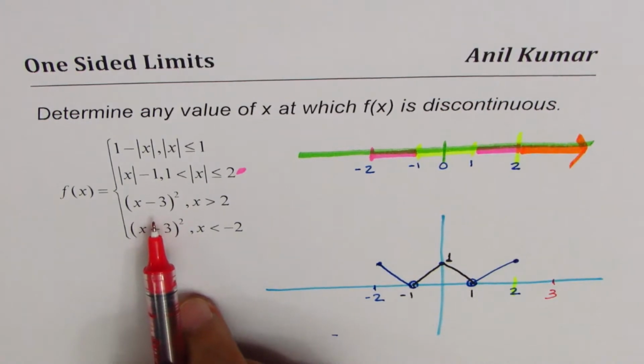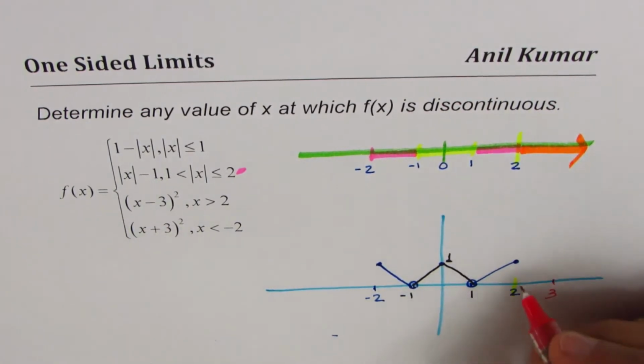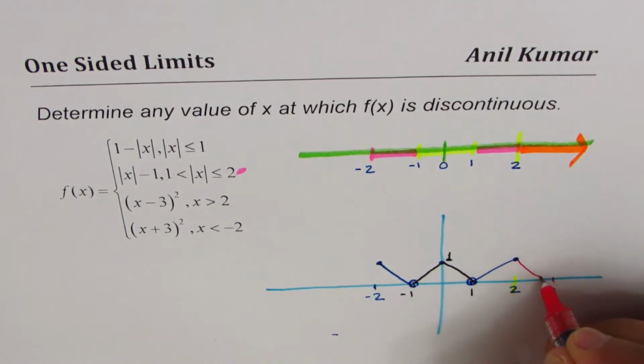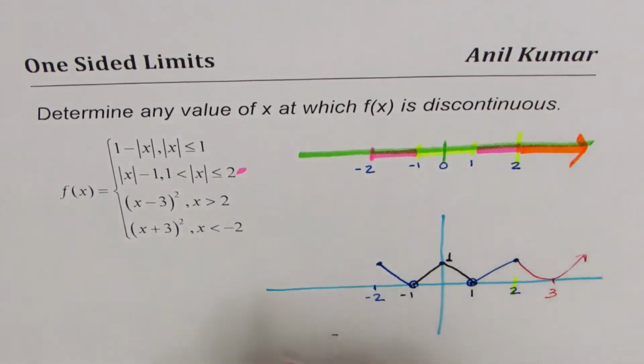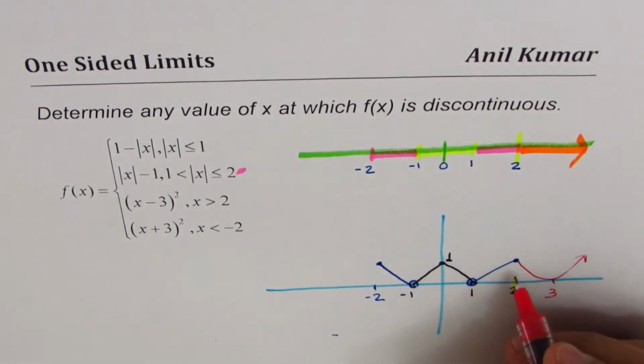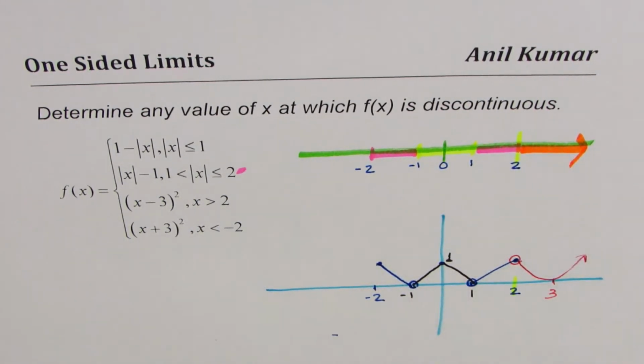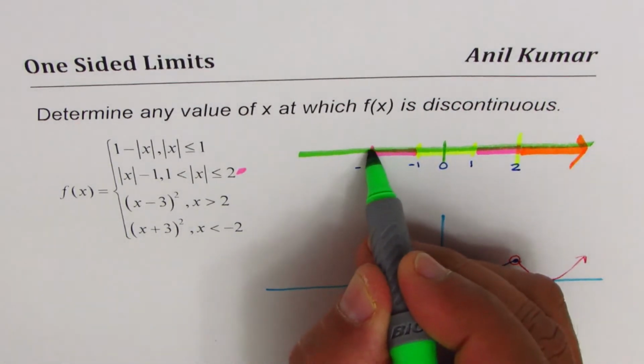It's a parabola which goes like this. So this one is a hole, but it's already filled in by the previous one.